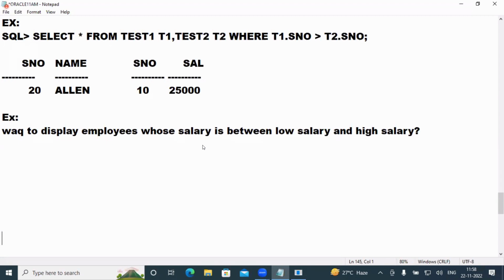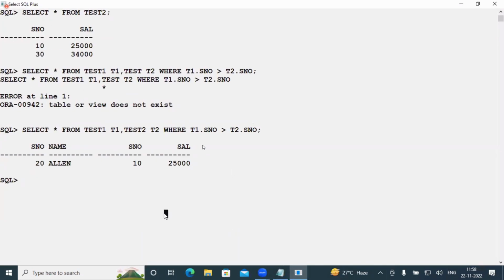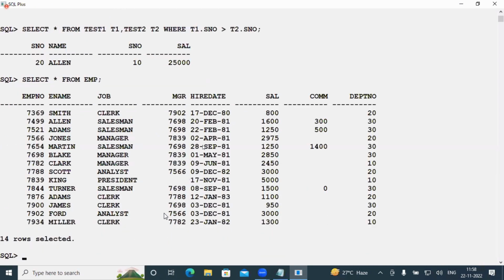Okay, now we can see. First of all, come to your EMP table. In this EMP table, you have your complete employees information. And how many employees are here? 14 employees we have.